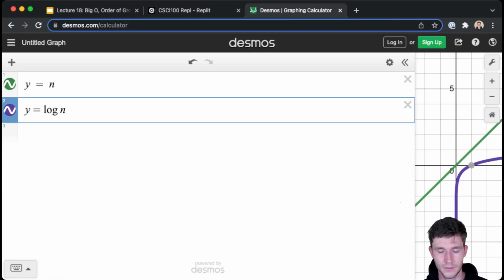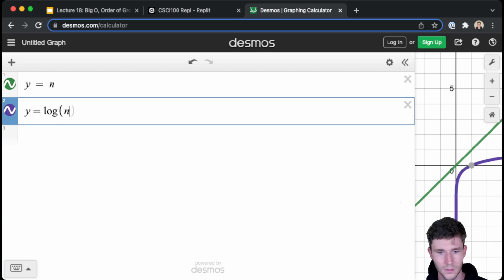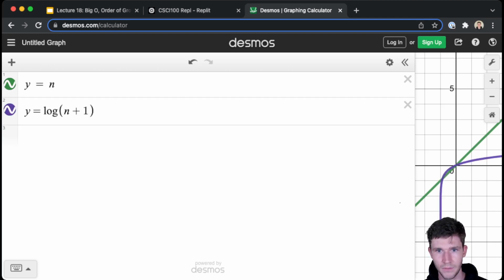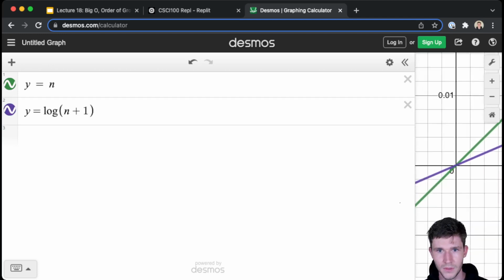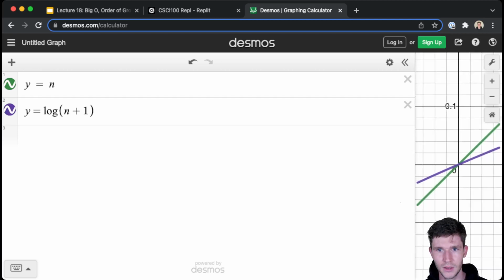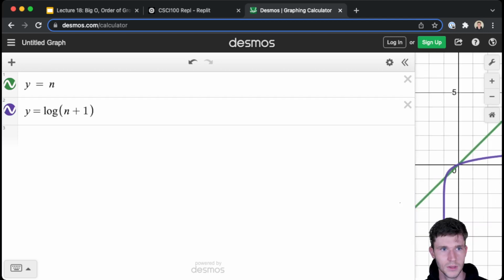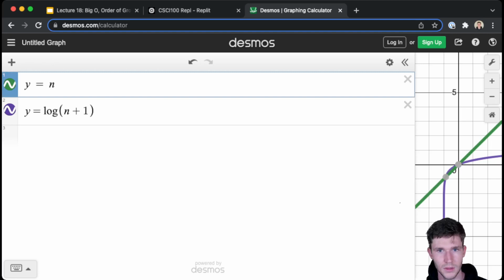I'll just move this over a bit so you can see. You can see here that log n is actually better than this one.